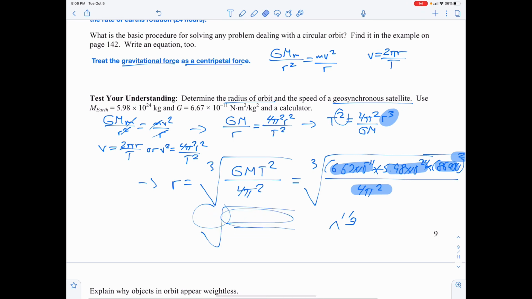Everybody take a moment and try to put this in your calculator and see if you can get the radius of that geosynchronous orbit. Okay, doing this correctly, you should have gotten about 1.94 times 10 to the 8 meters.